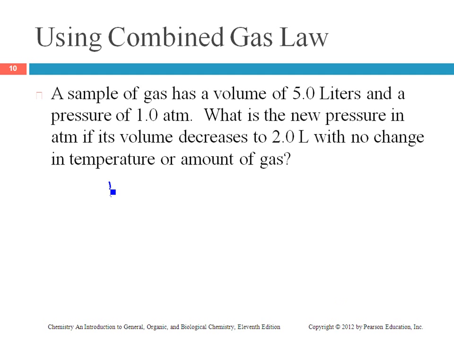So if we know the one equation, we should be able to come up with all of our answers for gas laws by just using the combined gas law for Charles, Boyle's, or Gay-Lussac's. Okay, so the first thing we see is we have a volume of 5 liters, so that's going to be our V1 is 5, our P1 is 1, and what's going to be the new pressure?